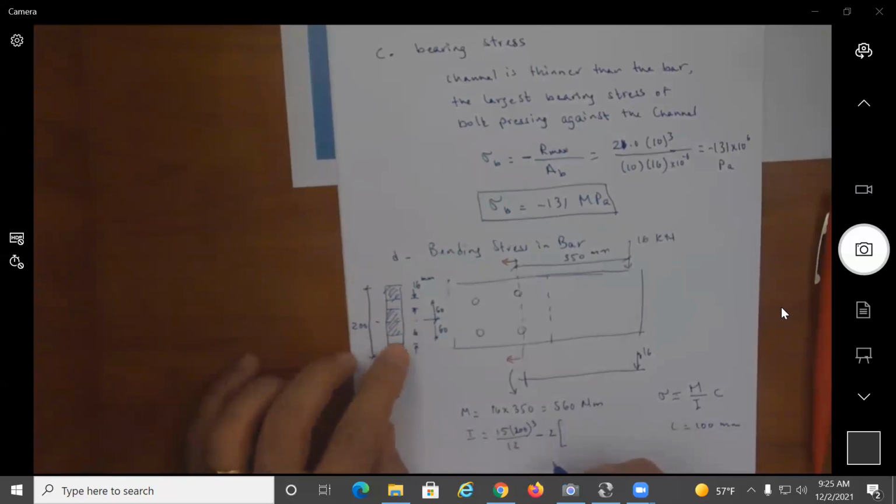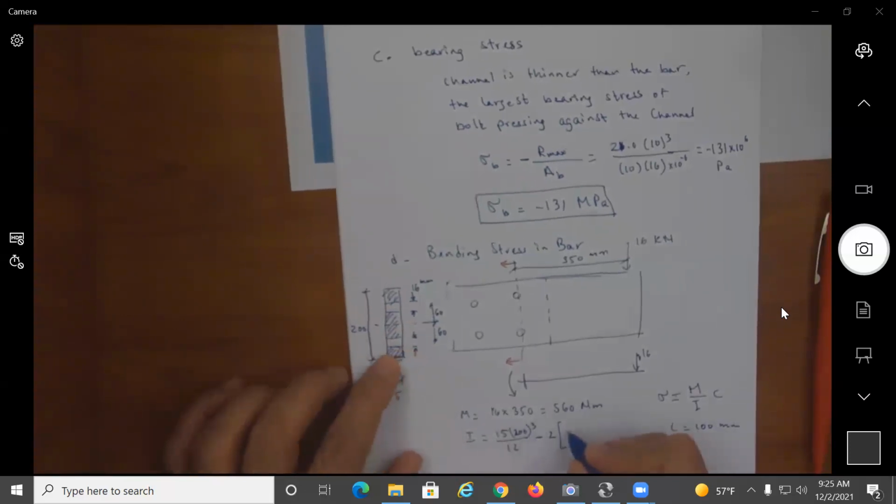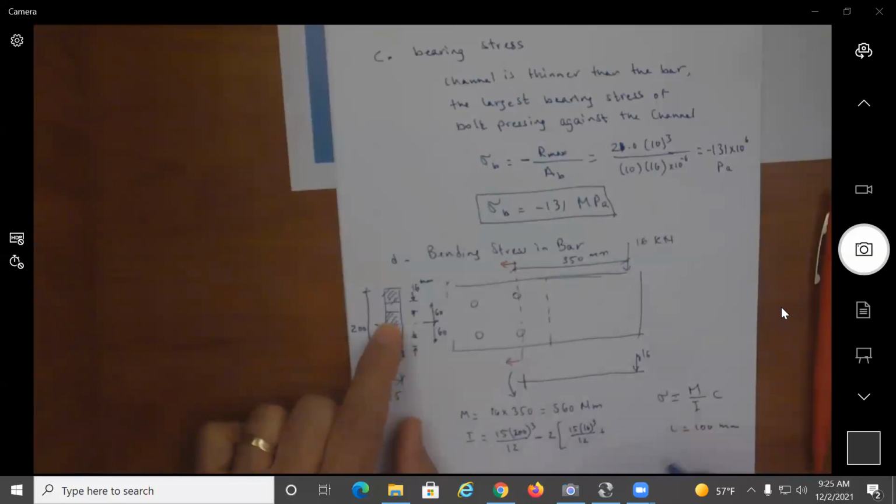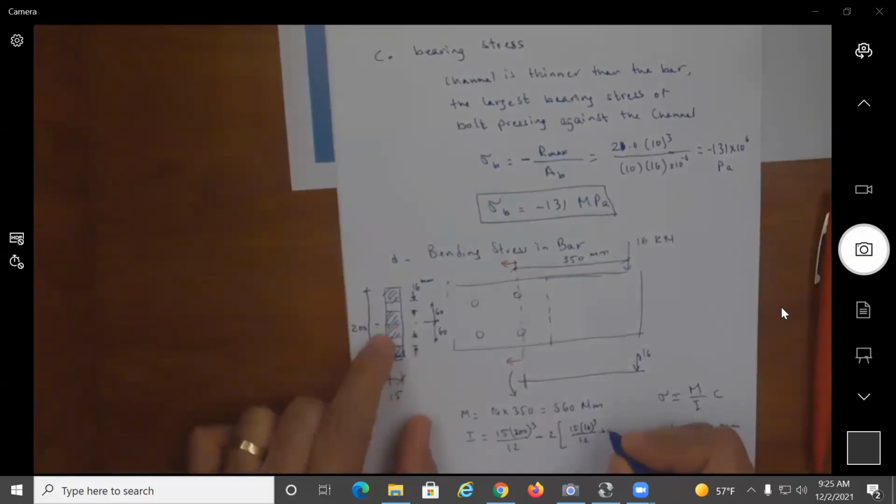So each of them has a moment of inertia of 15 times 16 cubed over 12. But they are not going through the centroid of the big section. So I add the area times the distance squared. And the distance is 60 millimeter.